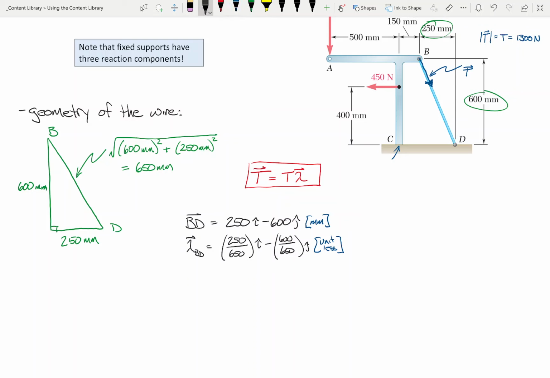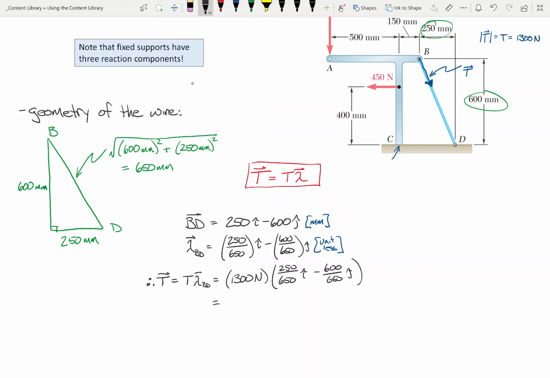And so if I have my lambda and I have my magnitude of 1300 newtons, I'm going to say that the tension vector is T times lambda, and I'm going to get that.